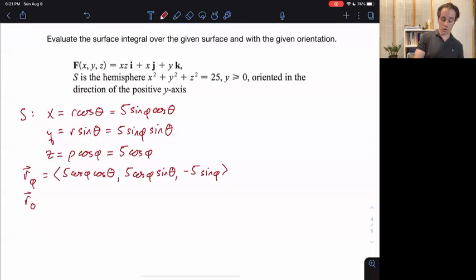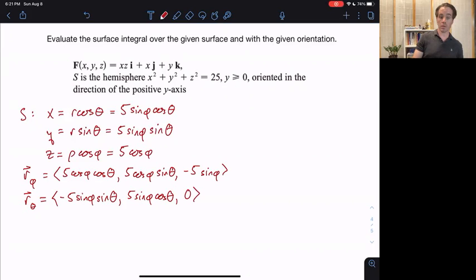And then our r_theta will be one at a time now: negative 5 sine phi sine theta, 5 sine phi cosine theta. And because the z component doesn't have anything with theta, this is simply 0.